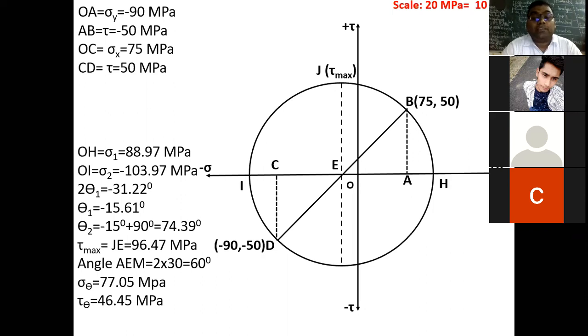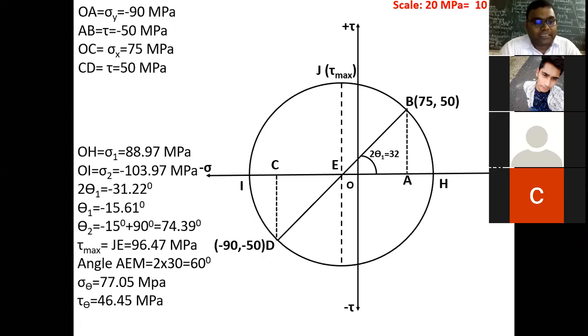Now the turn comes to find the orientation of the principal plane. Now this inclined plane is like this, so you have to measure downward. You measure this angle by using the protractor.